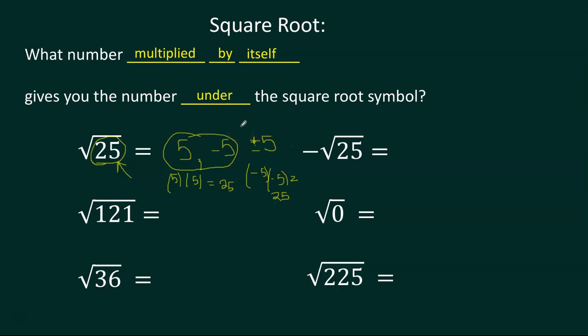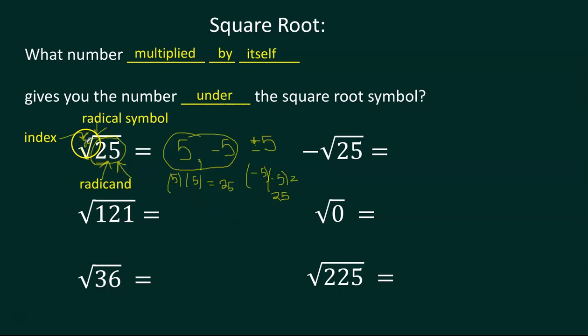All right, let's write in a little bit of terminology. This symbol right here is called the radical symbol. This number underneath the radical is called the radicand. And the index, you actually don't see it in a square root symbol, but really the index is a 2. This will make more sense when we look at cube roots and fourth roots.